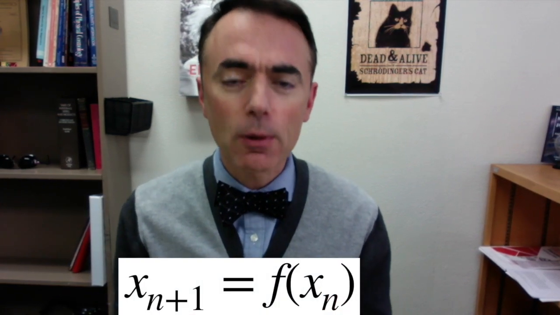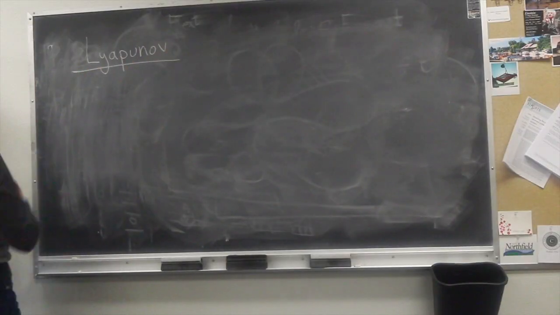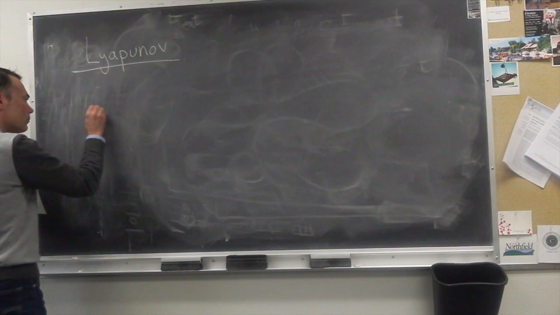Let us now find a way to calculate the Lyapunov exponent. We want to measure the distance between two trajectories with very similar initial conditions. Let's consider an iterative dynamical system. Let's call delta naught the distance in initial conditions, a very, very small value.